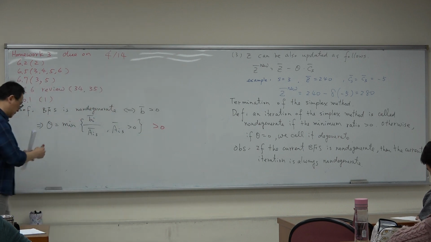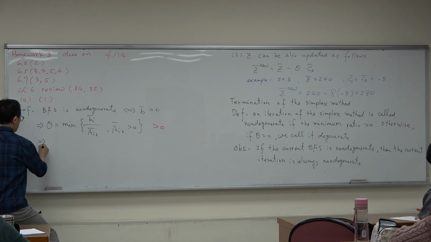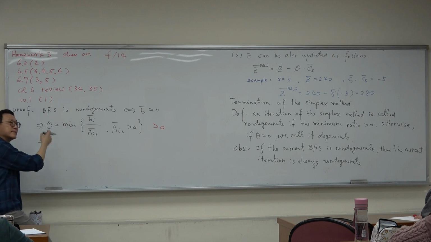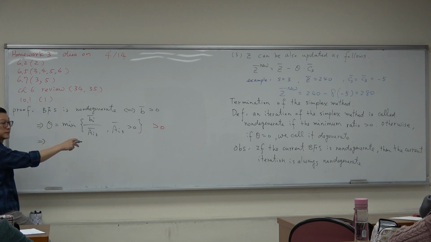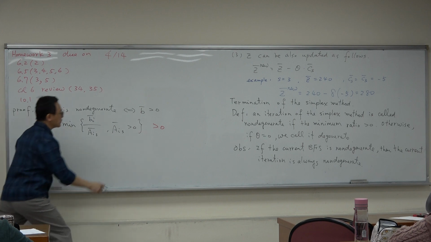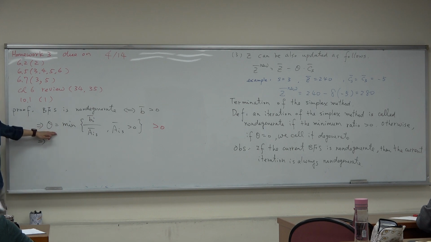Right now we can only guarantee the ratio; for the rest, after Gaussian elimination, we cannot guarantee that yet. But we can guarantee the ratio is greater than 0.